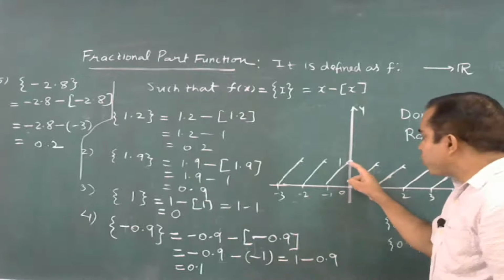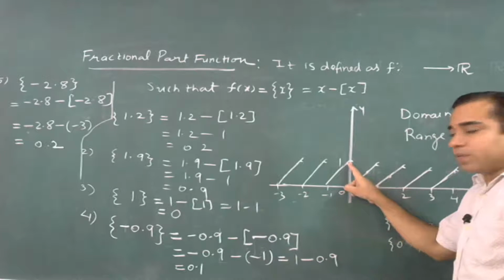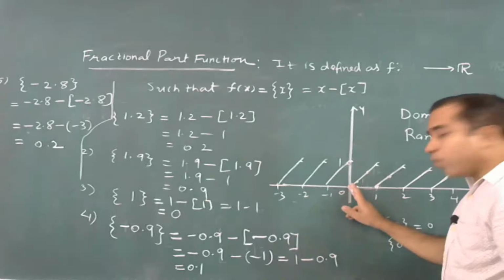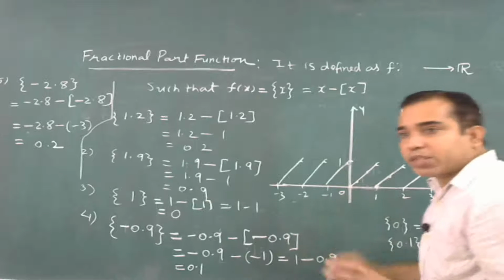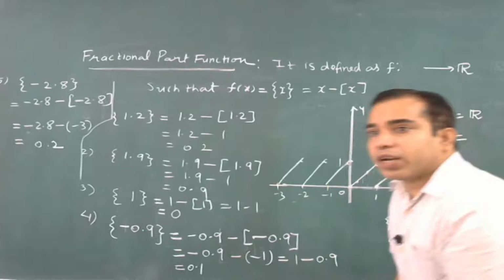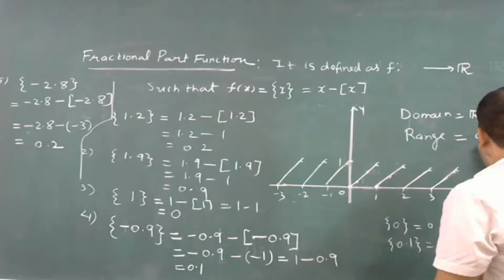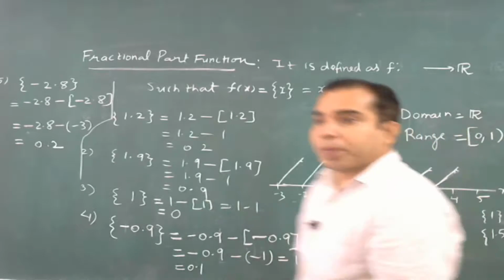So this point 1 on the y-axis will never be covered. Before 1, everything will be covered. 0 will be covered. 0 to 1. Range. What is the range? Many people have written the answer, Adhyansh, Tanmay. The range is 0 to 1, but 0 is included and 1 is excluded. Closed at 0, open at 1, right?